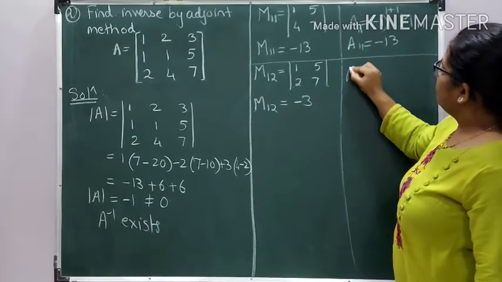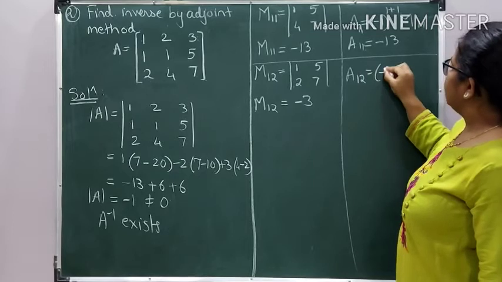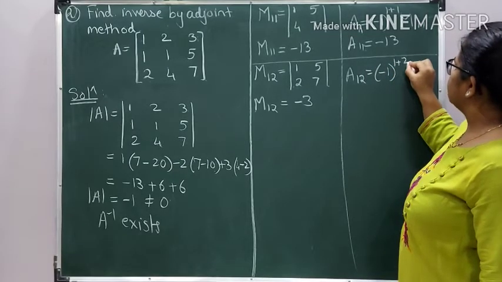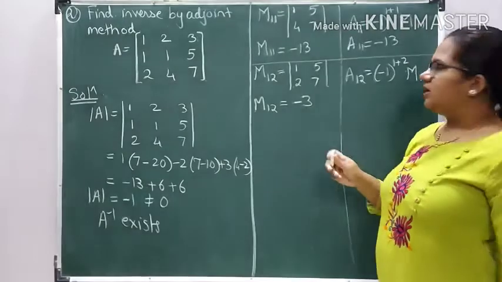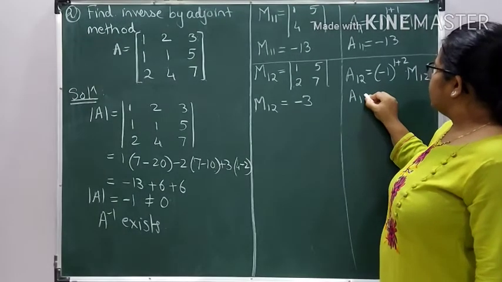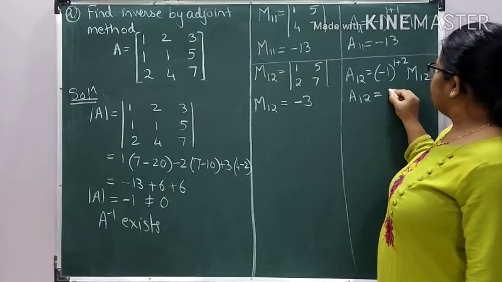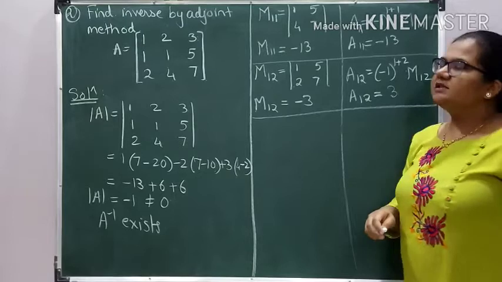Now what will be the cofactor? A12 is minus 1 to the power 1 plus 2 into M12. 1 plus 2 is 3. So minus 1 into minus 3 is plus 3. So A12 will become 3. Okay, the second minor is over.